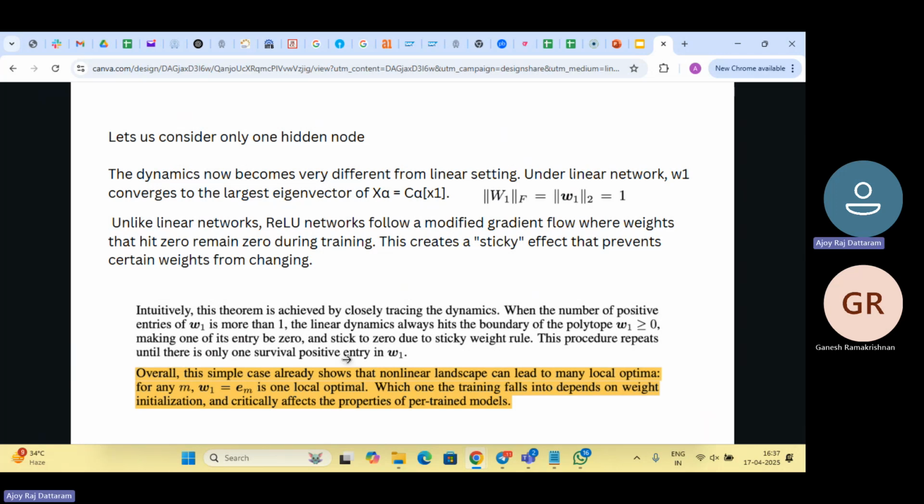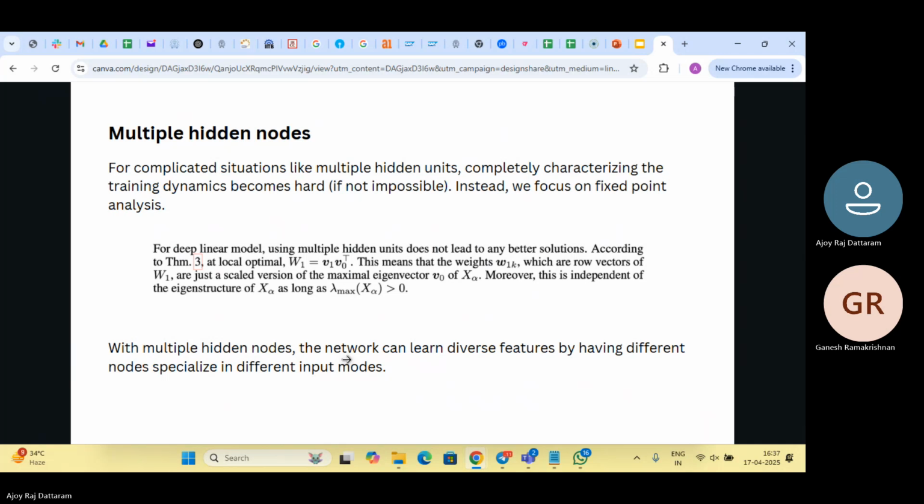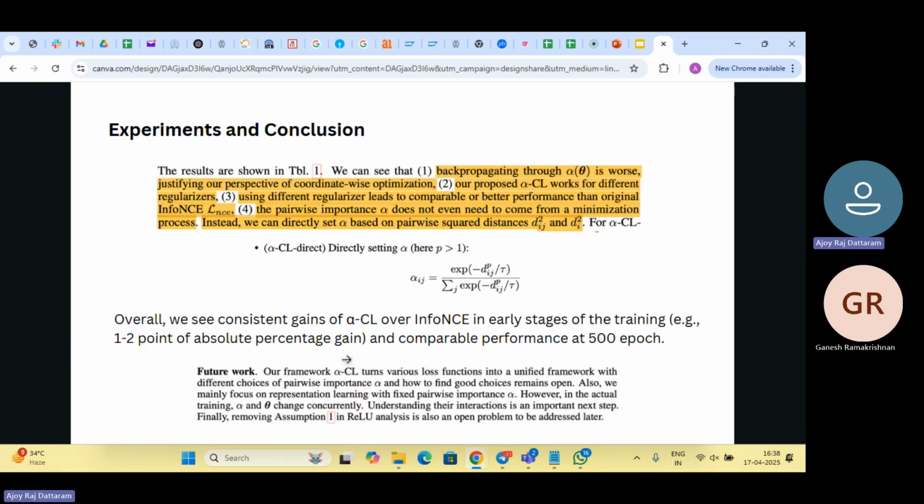Overall, the simple case of a single local optimum in a simple linear layer changes here: we can now get more than one optimal solution. This was just adding one ReLU layer, and if we keep increasing these layers, the dynamics become impossible to predict, and we won't be able to analyze what is happening in the network itself.